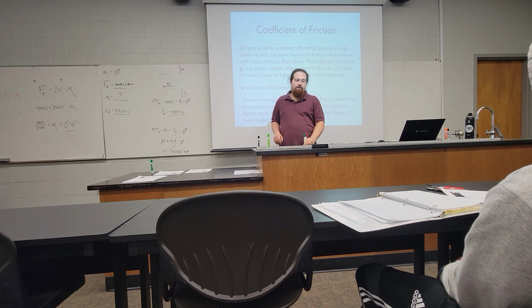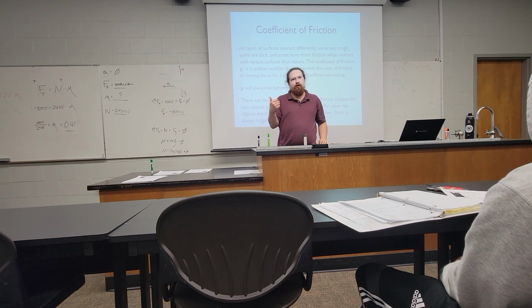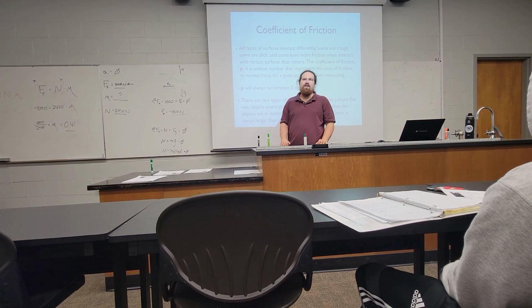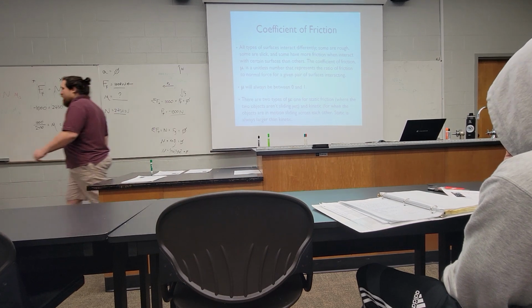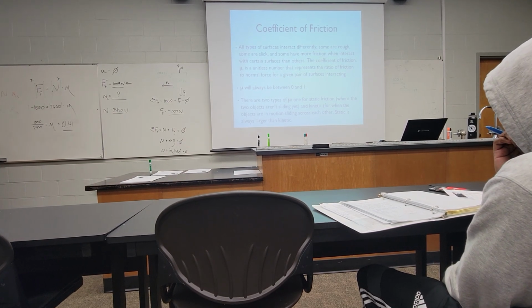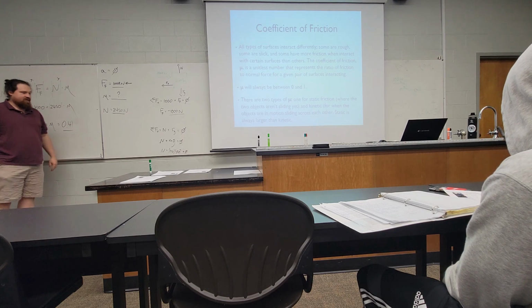There's two different types. It's really just the same formula. It's just if you plug in a static mu, you get a static force of friction, and vice versa for kinetic. And I forgot the door was in the way. I will now explain why there are two types of friction.